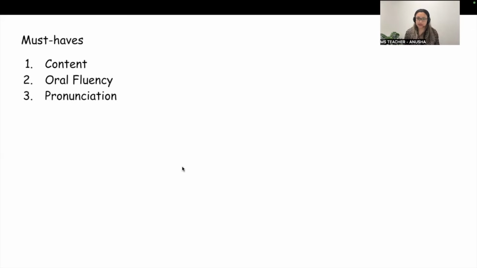Then the third point is pronunciation. You need to have native-like pronunciation to get full points. I don't think I have native-like pronunciation, but somehow the other person will understand what I'm saying, because I use the muscles of my tongue and my mouth in such a way that all the sounds get created.